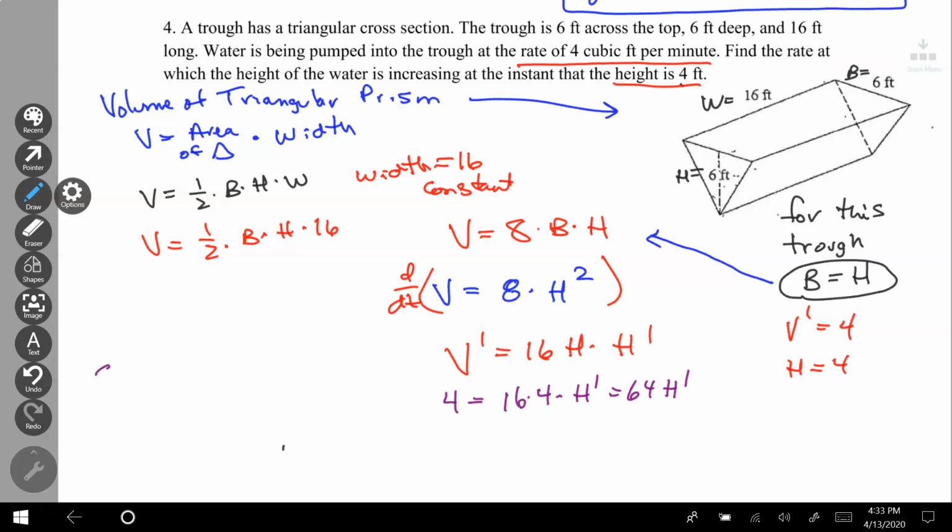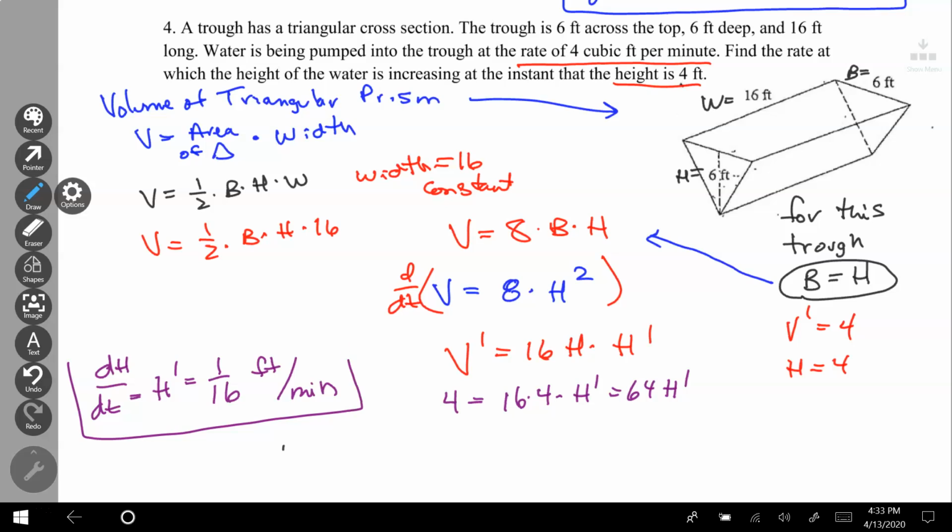And when I'm done, I get dh over dt is equal to h prime, which is equal to 1/16 of a foot per minute. So with this big giant trough, where you're pouring in 4 cubic feet per minute of water, the height is increasing by 1/16 of a foot per minute.